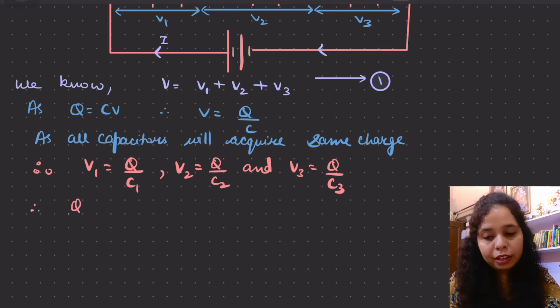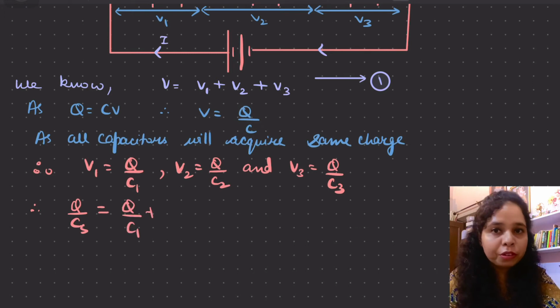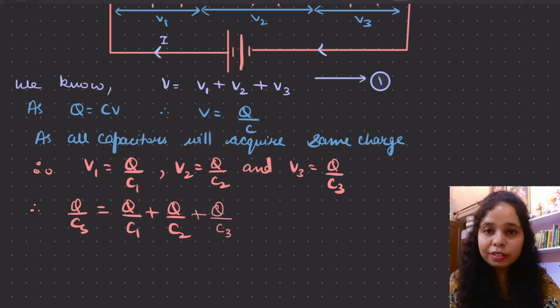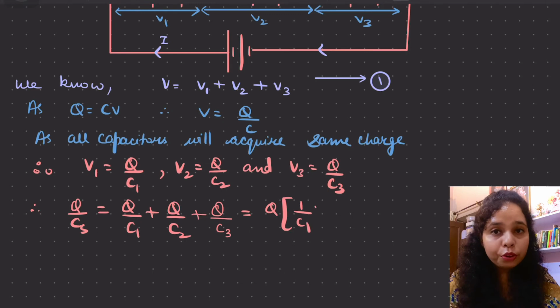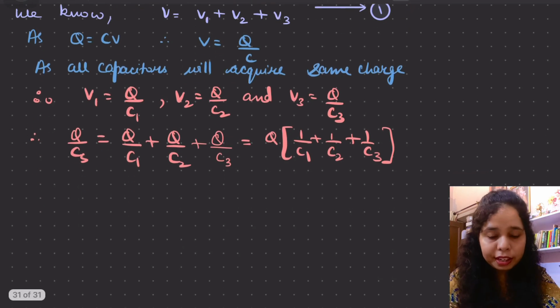So we can say Q upon CS. For the first equation, we write V is equal to Q upon C, but all the capacitors are connected in series. Therefore, I have put the subscript S: Q upon CS is equal to Q upon C1 plus Q upon C2 plus Q upon C3. And now taking Q common, we are left with Q into 1 upon C1 plus 1 upon C2 plus 1 upon C3.